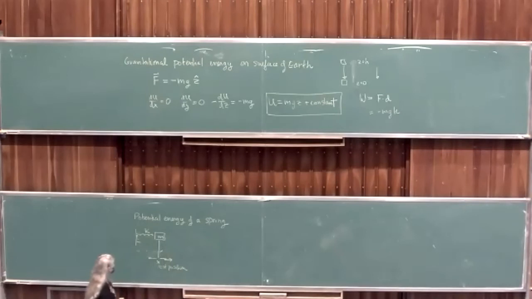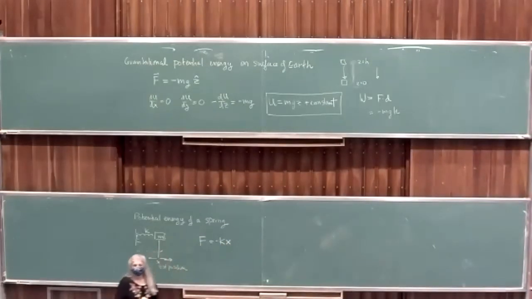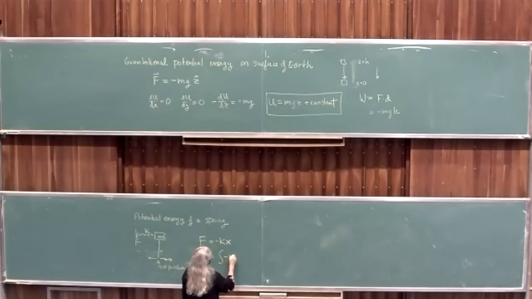For a spring, the force is minus kX. So it was in the opposite direction of X, which makes sense. If the mass is pulled, then the force is backwards. If the mass is pushed this way, so this is a one-dimensional force. So we can take this force and integrate it.